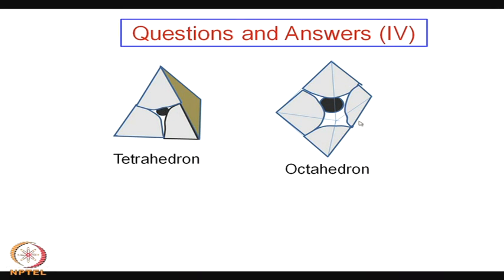The other limit is the octahedron. This is the lower limit of the fourfold coordination, and the higher limit of the fourfold coordination is an octahedron, where you have a square bipyramid. That means there are 4 anions on the horizontal plane, and then another anion on the top and another on the bottom.